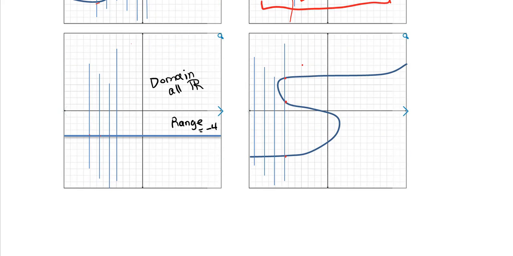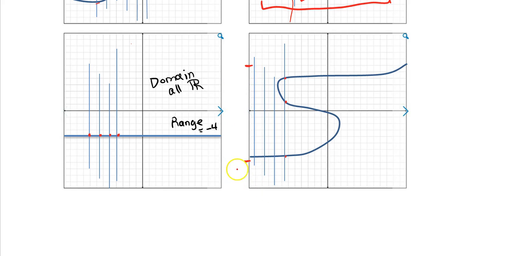Again, here my domain is all real numbers. But if you take a look, here I have one solution no matter where I drop this vertical line. My range, which is really a remarkable thing, on this is -4. There is no other solution, so my range is literally just one number. Here I might say that my range is between here and here.